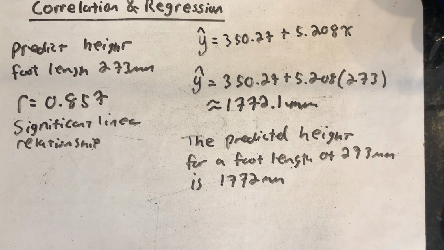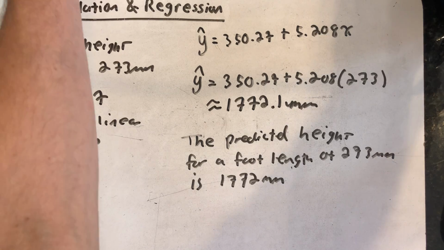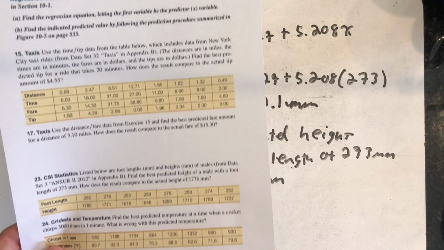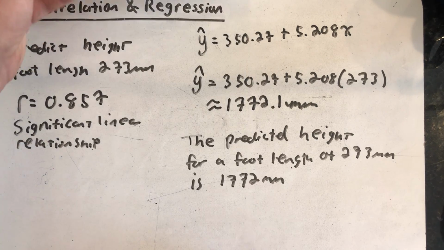I don't think it's going to contribute anything to our conclusion, just thinking about what millimeters are and how small of a unit of distance that is. Well, we're told in the problem that the actual height at that data value would be 1776, that in the sample there actually is an actual height of 1776, and this is really close.